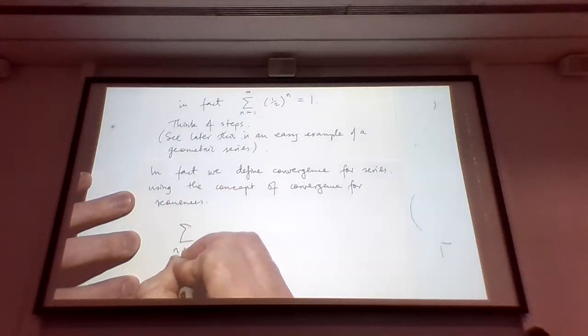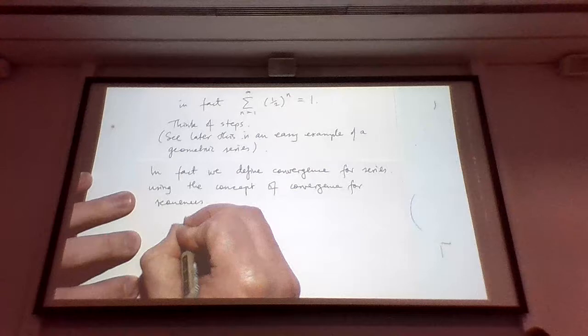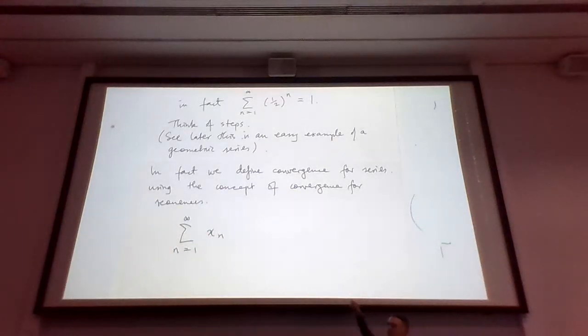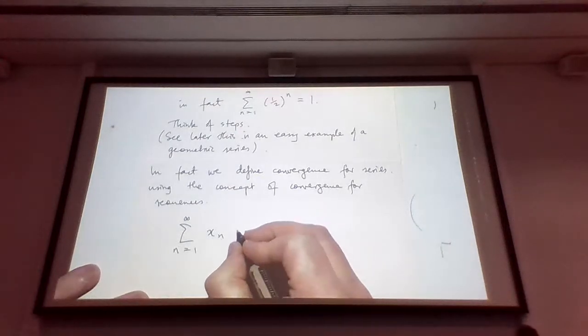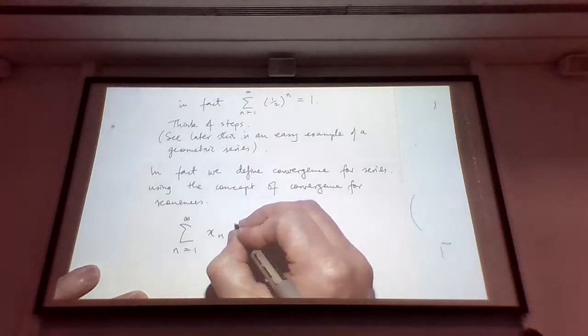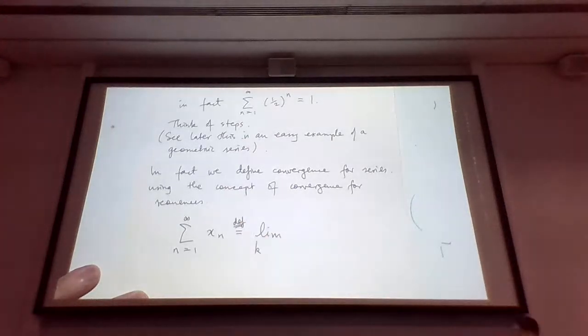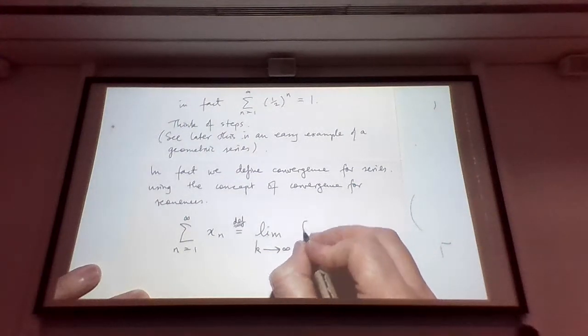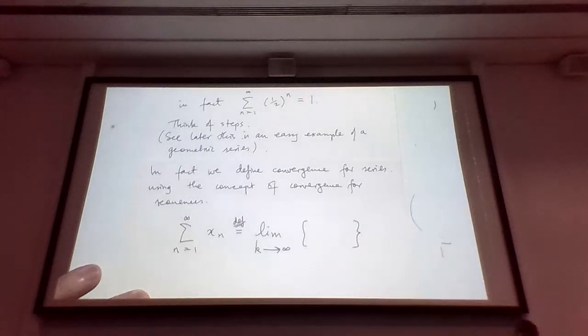So what is the meaning of this thing? The sum from n equals 1 to infinity of a series of terms x_n. Well, what we mean by that, so this is a definition, what we mean by that sum is the limit as k tends to infinity of a certain sequence.